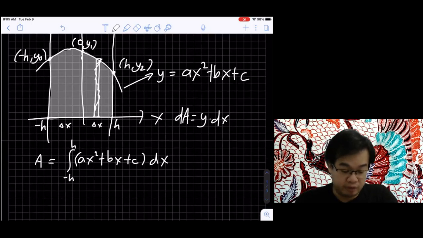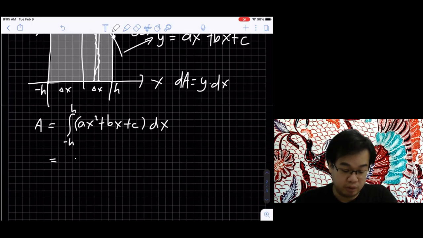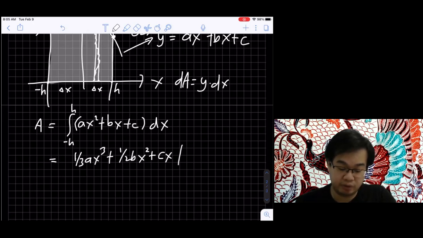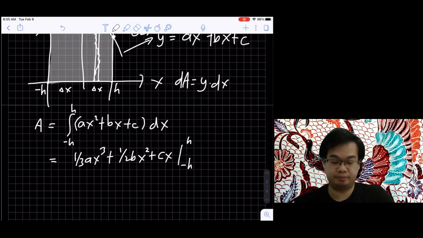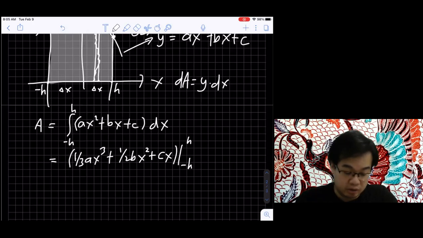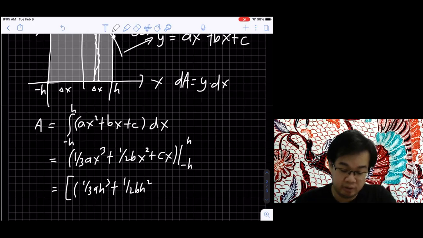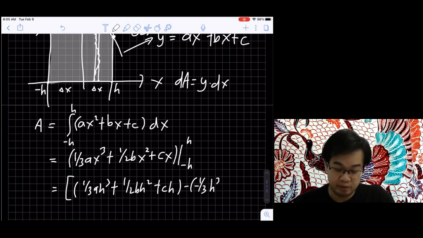So if we try to integrate, it's going to be 1 over 3 ax cubed plus half bx squared plus cx evaluated from negative h to h. So it is equal to 1 over 3 ah cubed plus half bh squared plus ch, minus negative 1 over 3 ah cubed plus half bh squared minus ch.